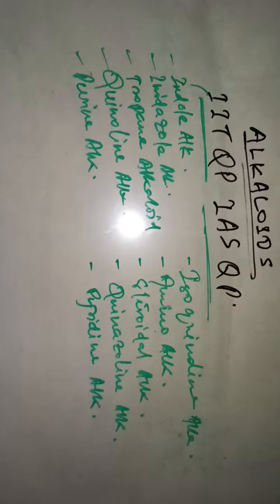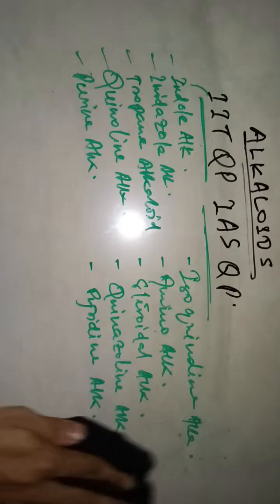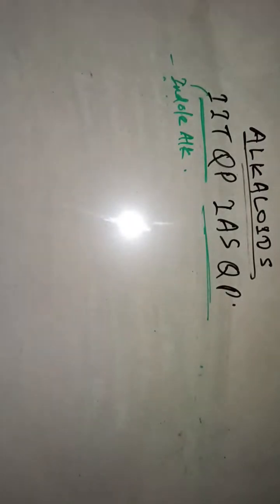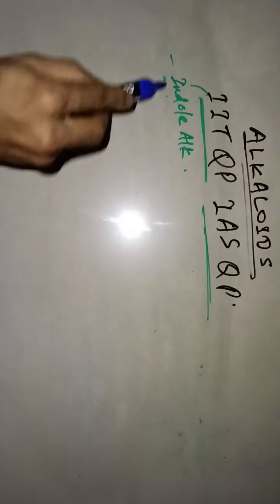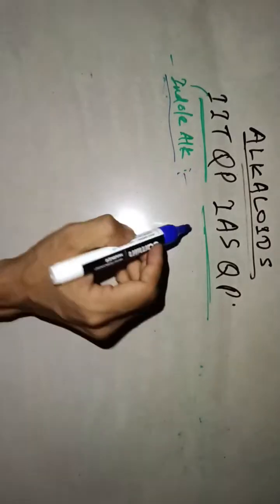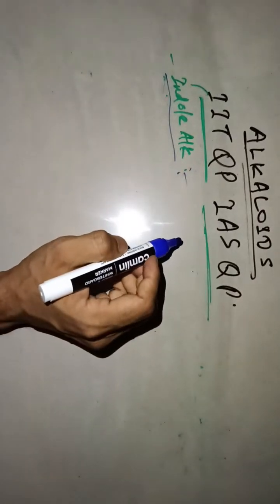Okay, so now we are going to learn about the different alkaloids which are found in these classes. First one is indole alkaloid. In indole alkaloid, we will find Parveen Sultana. Parveen Sultana is the Indian singer, na?